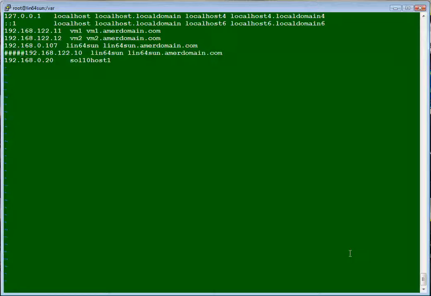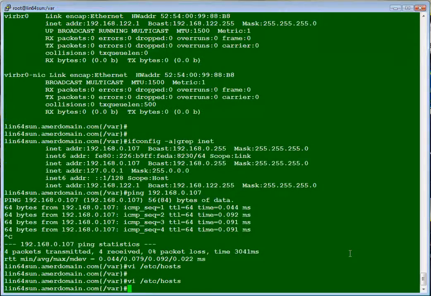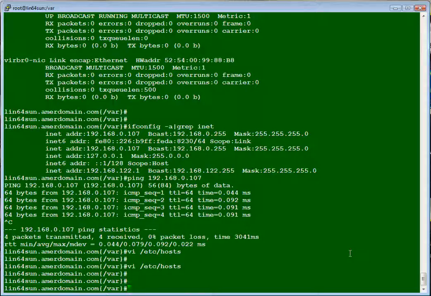That is the old IP. So the first step is to mention the IP address of your machine in the /etc/hosts file.